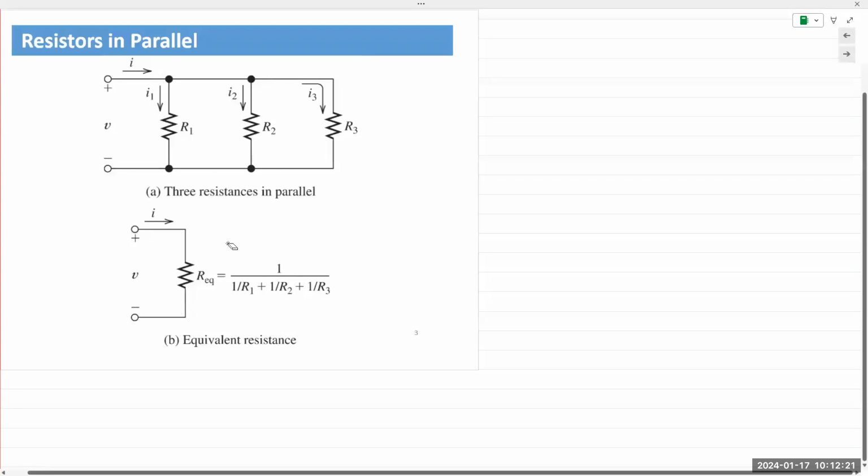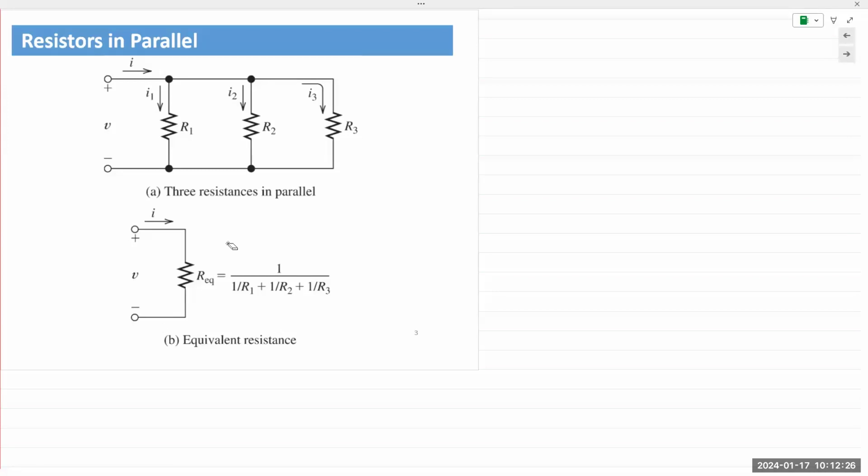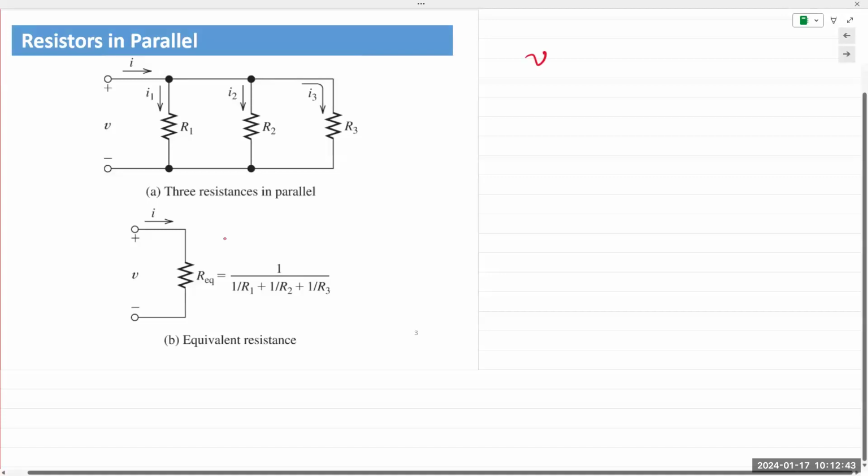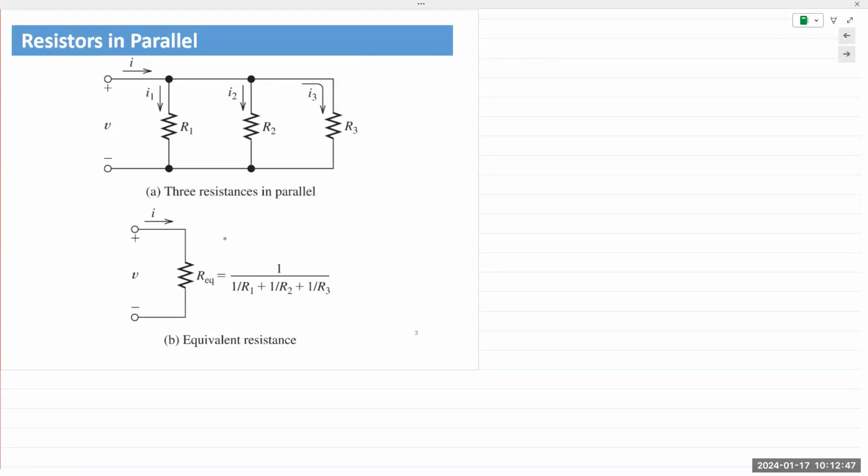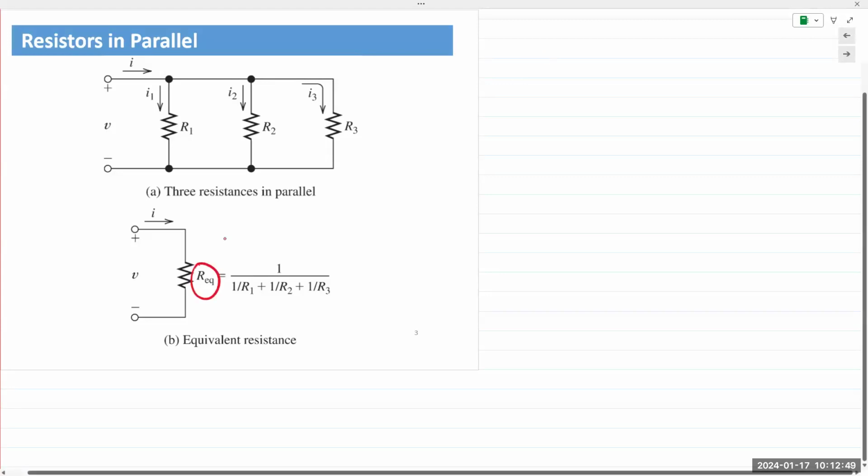I always like to tell students that all of the techniques that we learn in this class, they're all tools in our toolbox. And it's up to you to decide which tool you wish to use. So again, multiple tools in your toolbox, different analysis methods. So here, resistors in parallel, I want to find Req, right?